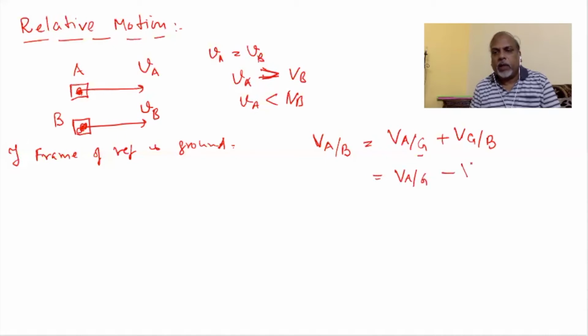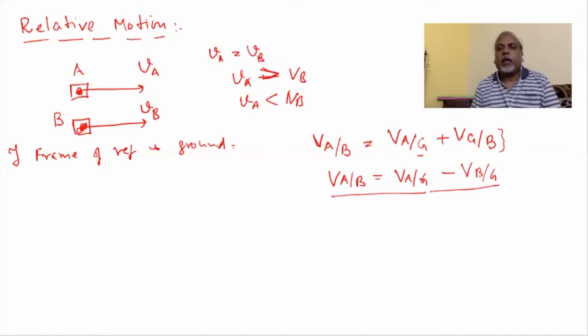But actually, if you change the numerator and denominator here, what will happen? So this is the formula. We can write it as velocity of A relative to B will be nothing but velocity of A with respect to ground minus velocity of B with respect to ground.